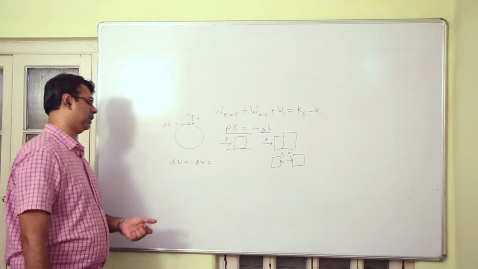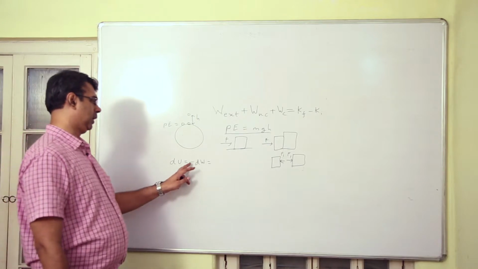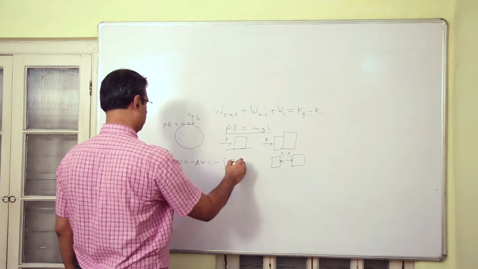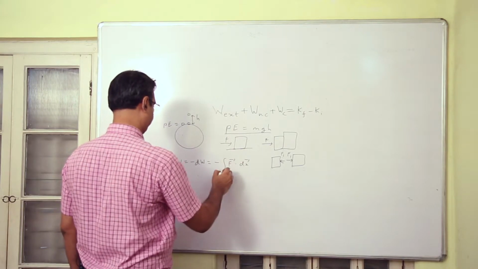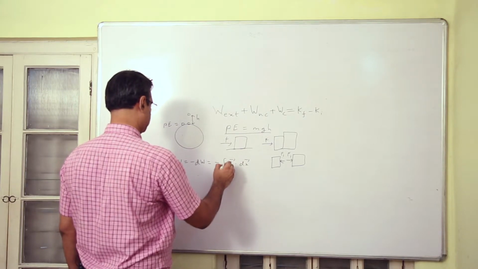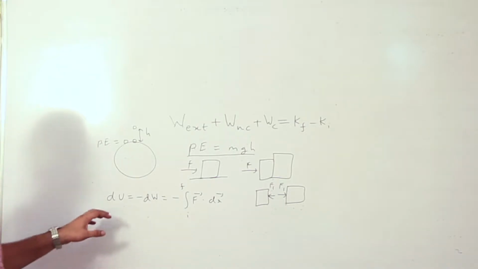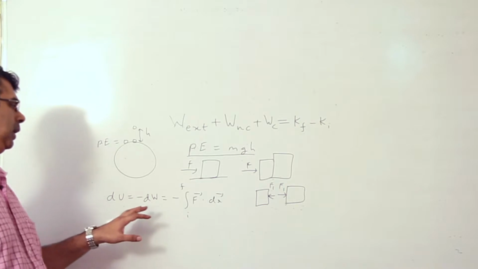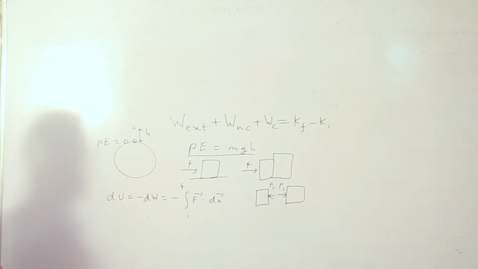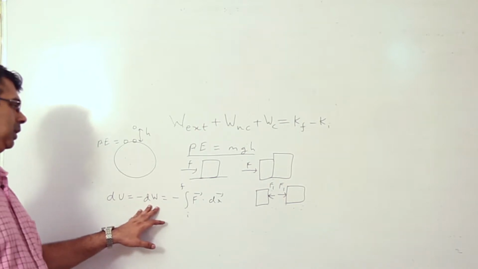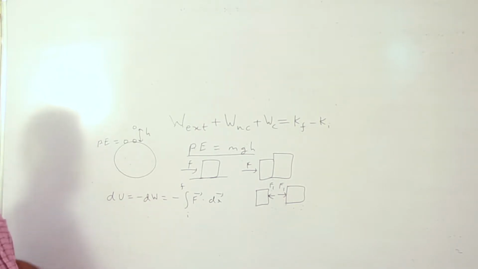The change in potential energy of a system is the negative of work done by all the internal conservative forces, right? So this is a very, very important thing we have learned today, that whenever there are internal conservative forces acting in a system, the negative of the work done by all of them is equal to the change in potential energy.